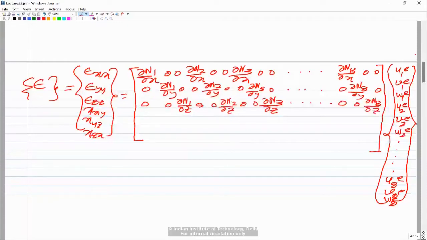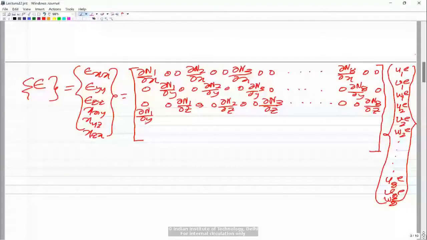Then gamma xy is del u by del y plus del v by del x. So u and v both are coming. The derivative of u is with respect to y, and the derivative of v is with respect to x. So in the u locations we will have del n1 by del y, and in the v locations we will have del n1 by del x.